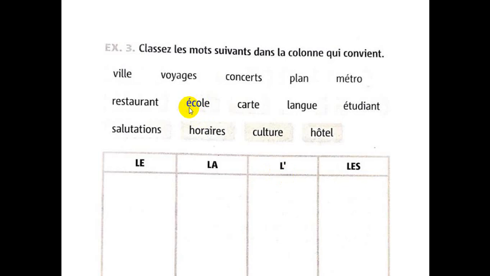As you know, in the French language we have 7 vowels: A, E, I, O, U. These 5 are the same as in English, and the 2 more in French are H and Y. If any noun starts with these vowels and you are using definite articles before it, in that case we put it in the third column because the first letter is a vowel and we have to use l'apostrophe before that.